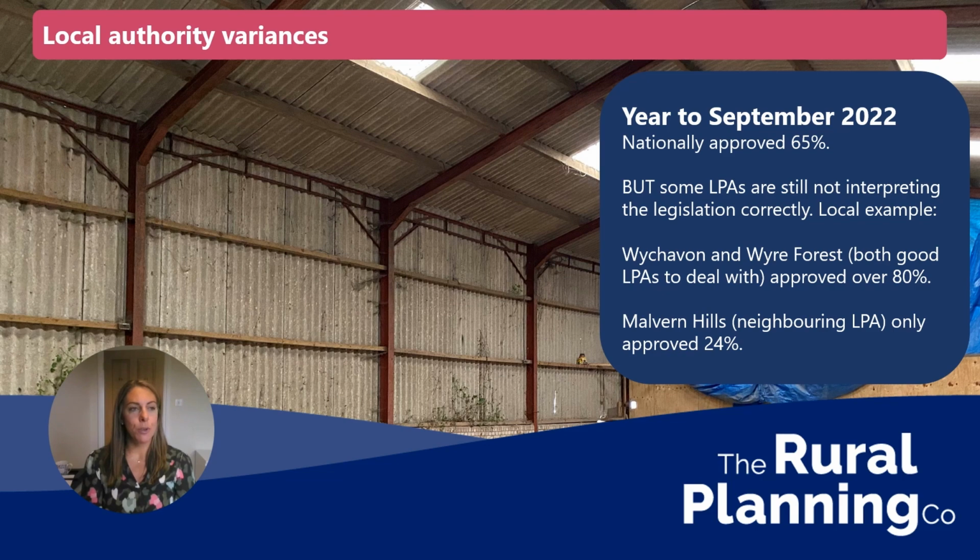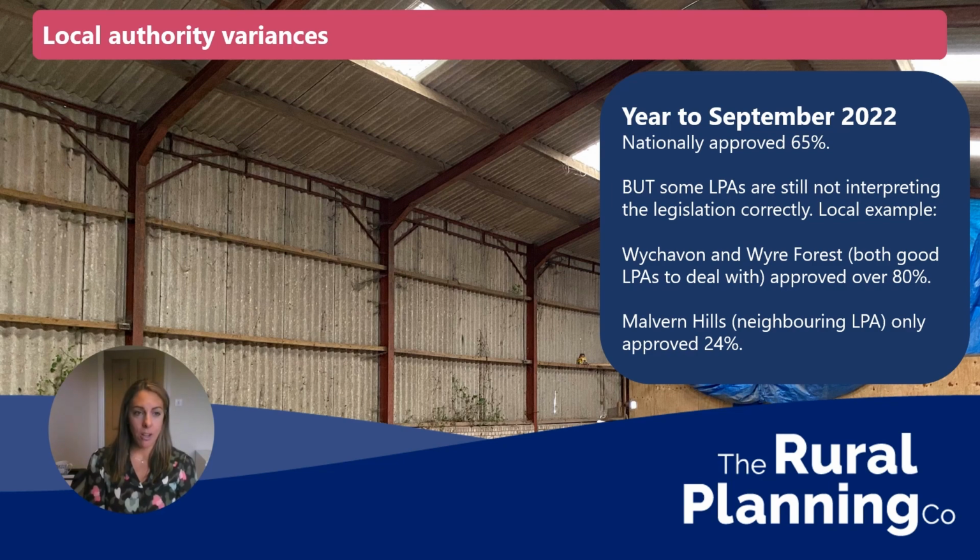But as you saw from the criteria in the first instance, that long list of criteria, all the white ones are objective, they're fine, yes or no, but you've still got this long list of subjective ones. And of course, as I've described a few times, we all have different opinions about how to interpret wording and what is reasonably necessary. So some local authorities, I don't think, unfortunately, are still interpreting the legislation correctly.